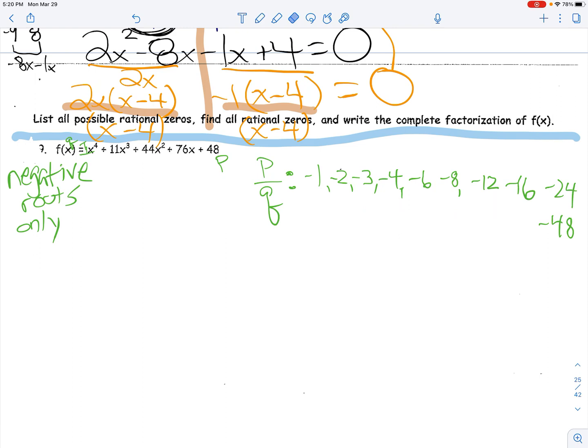All right. So let me tighten this up here a little bit. Get it on one line, and there you go.